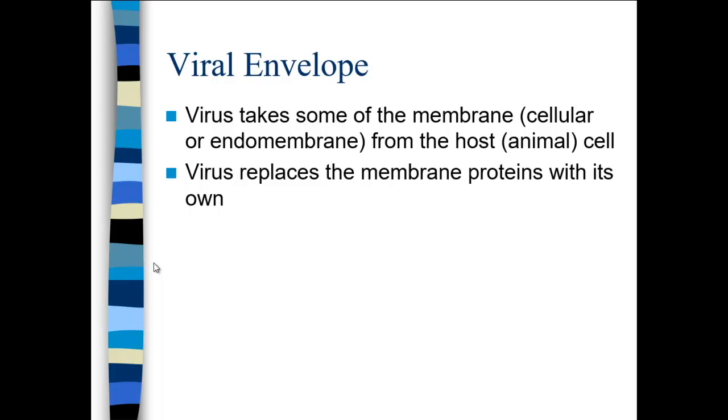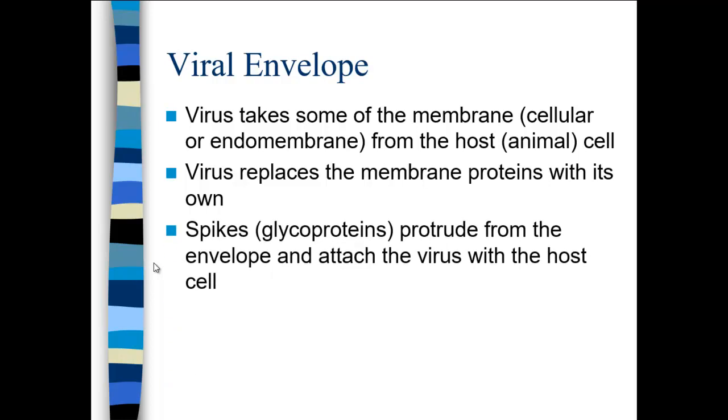So the viral envelope will be covered with protein spikes that are indigenous to the virus, where the membrane itself was indigenous to the host cell. These proteins are called spikes, and they're glycoproteins. That means they're part sugar and part protein. They protrude out from the envelope, and they allow the virus to attach directly to the host cell.